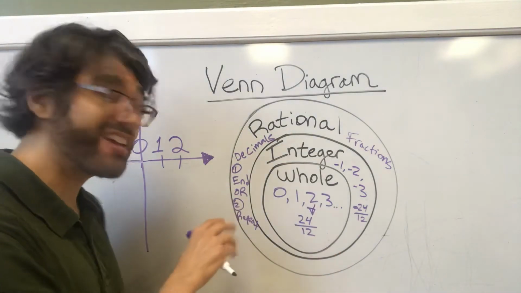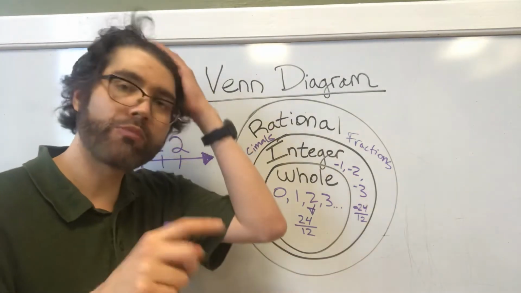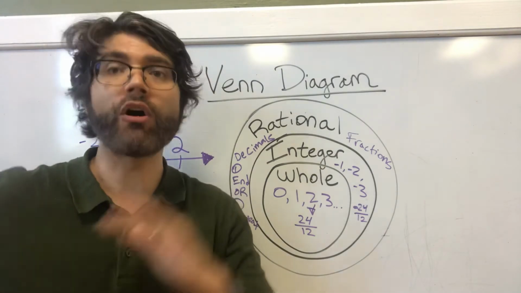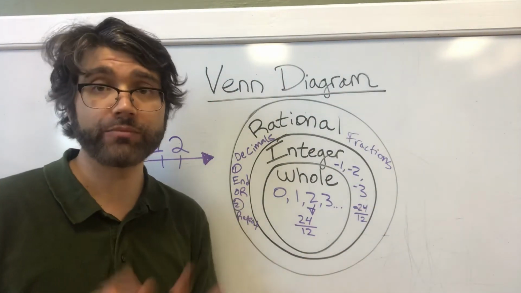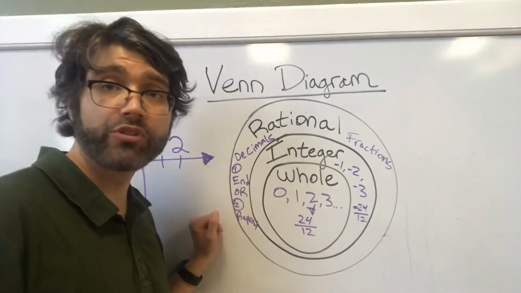Or if they go on forever, they have to repeat. So for instance, 0.245, 245, 245, 245, all the way for infinity. That would also be a rational decimal. So decimals can be rational as long as they follow one of those two rules.